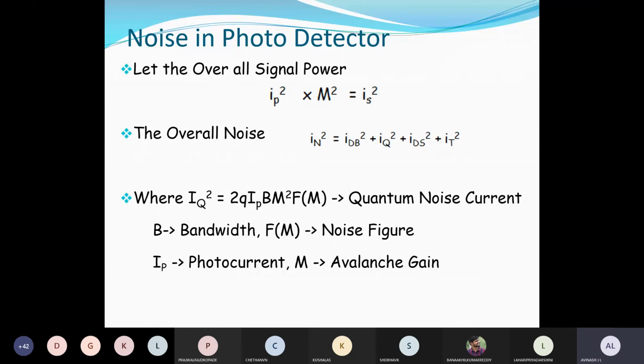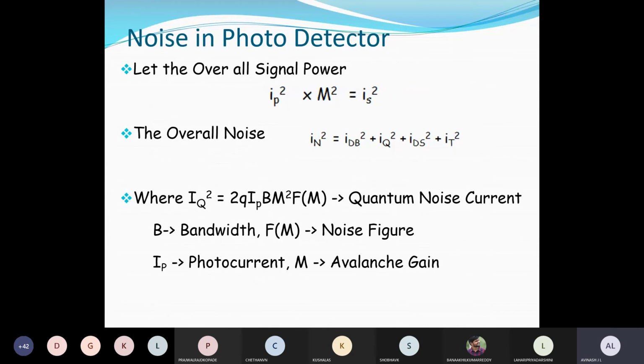Let the overall signal power be IP square into M square, equal to IS square. The overall noise is IN square, equal to ID B square plus IQ square plus IDS square plus IT square, where IQ square equals 2q IP B M square F of M, the quantum noise current.